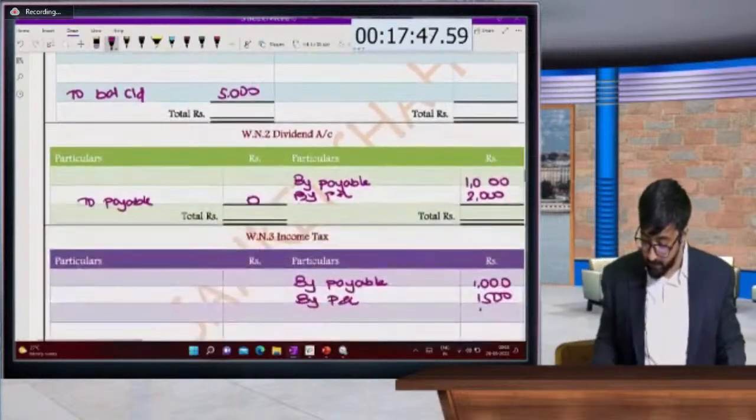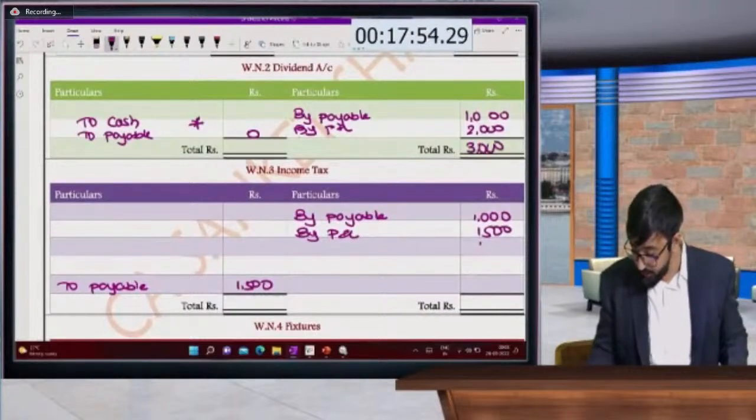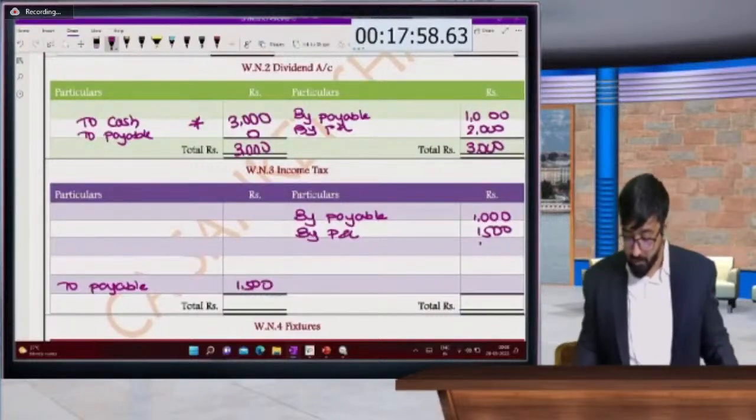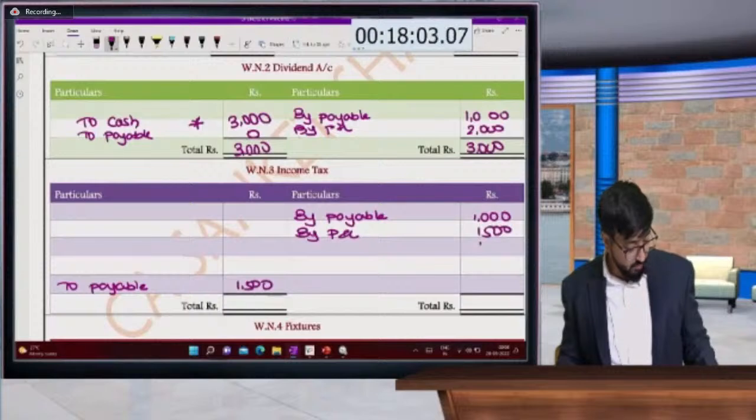Over. Now one by one account closed. To cash 3,000. Dividend paid. To cash, balancing figure 3,000.